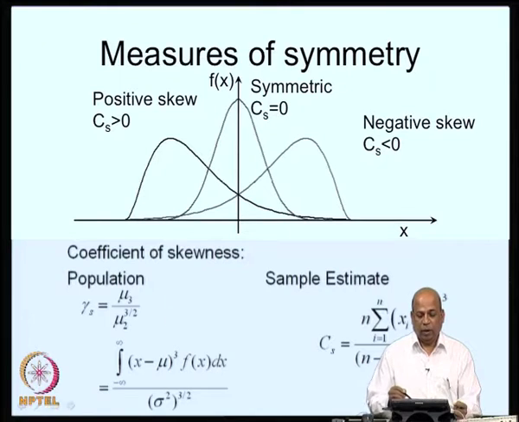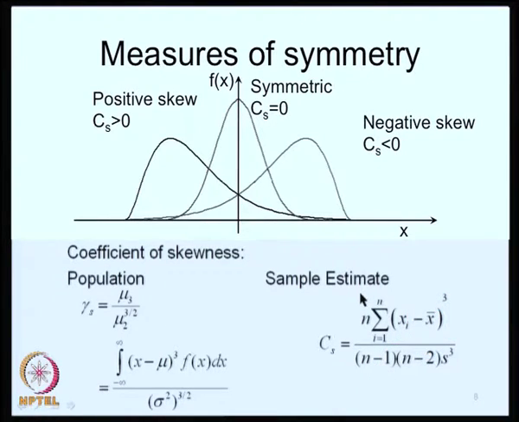From this, we can write the expressions for the sample estimates. For the sample estimates, we replace the integral with the summation i equal to 1 to n of (x i minus x bar), and we retain the same power as the moment, the whole cube.